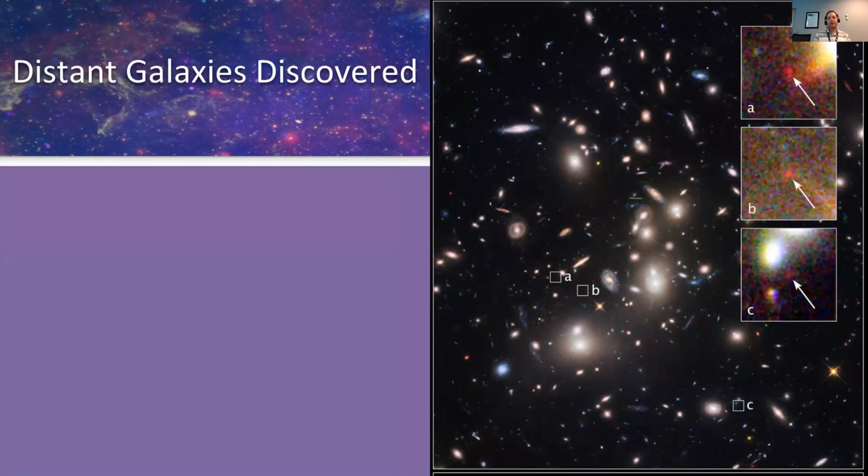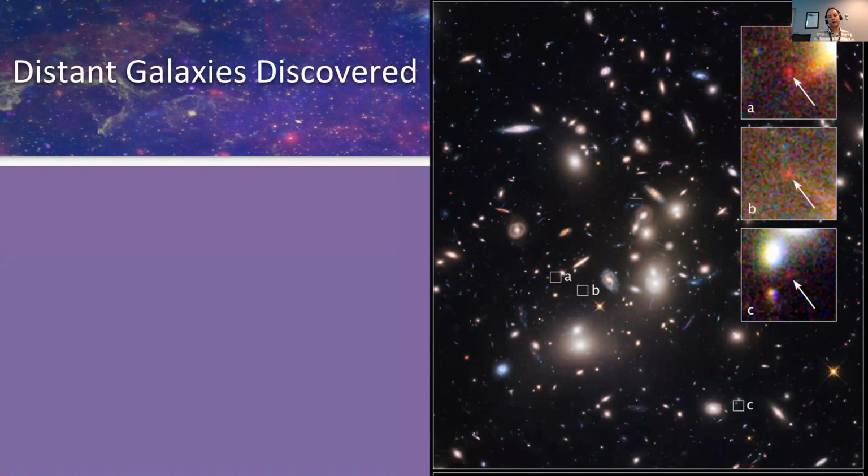Okay, and I just want to point out that, just like the previous image, we have found distant galaxies. So from the modeling, from this image of Abell 2744, they knew to look in positions A and B, where they thought they might find something. Those are places of maximal magnification.